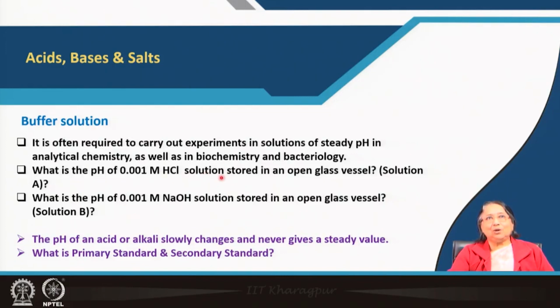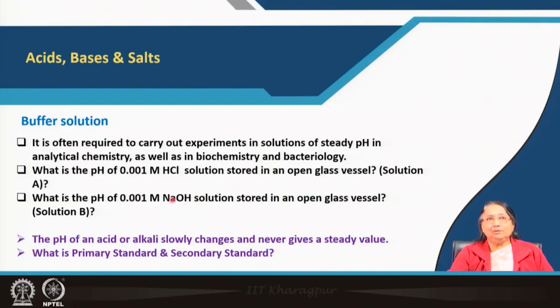But after 7 days also, will that pH be 3? It is kept in an open glass vessel. That is the question. Will it be 3 or will it differ? Same way, 0.001 molar NaOH, if it is stored in an open glass vessel, is called solution B, and if it is stored for 7 days, what should be the pH?